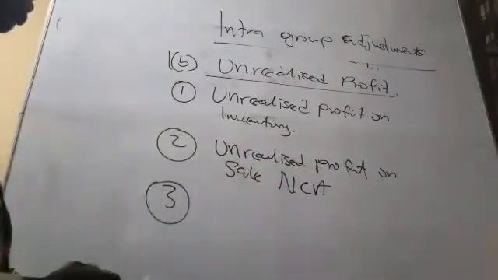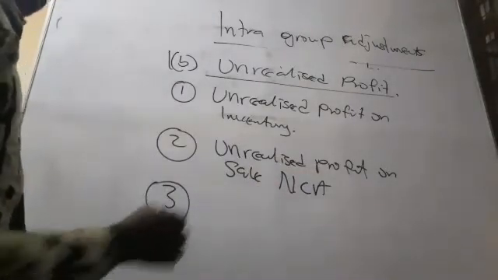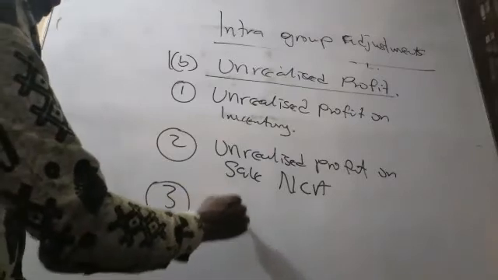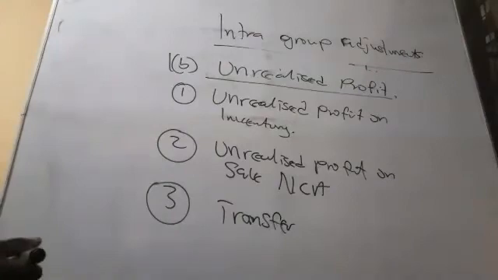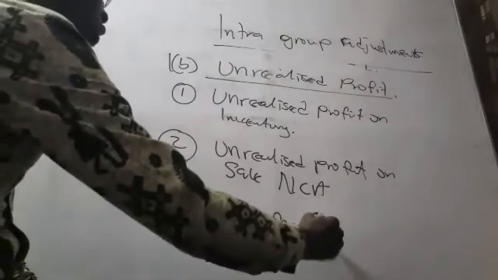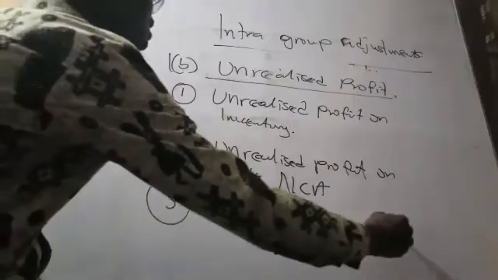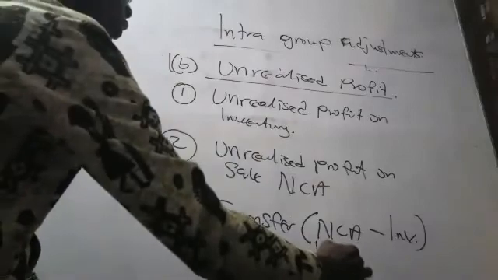Finally, we have unrealized profit on transfer. But that one, don't worry yourself much. You can transfer, for example, non-current assets to inventory and vice versa, or inventory to non-current assets.